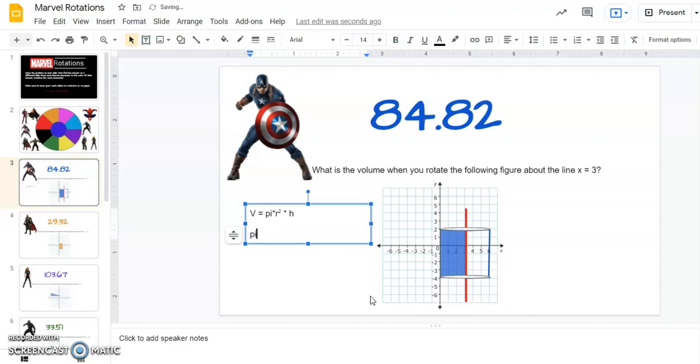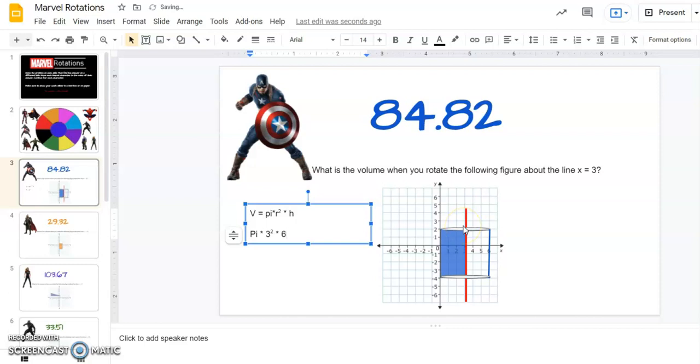If I do pi times, I need to count my radius. Radius is from here to the outside. That would be 1, 2, 3 blocks. So 3 squared. Remember, Control period. Times, I need the height of my cylinder. So just count from bottom to top. 1, 2, 3, 4, 5, 6.